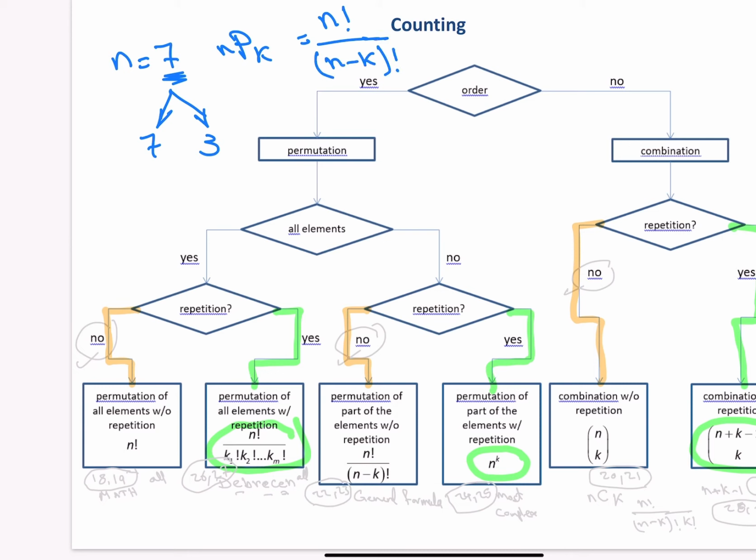This is for permutation. You remember when we said that if k equals n, then n minus n equals 0, and 0 factorial equals 1, so it will be n factorial. This is the one which we said: if you use all of them, it will be equal to n factorial.